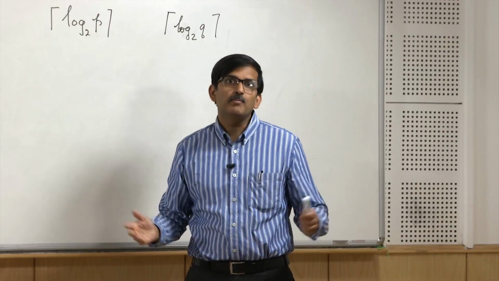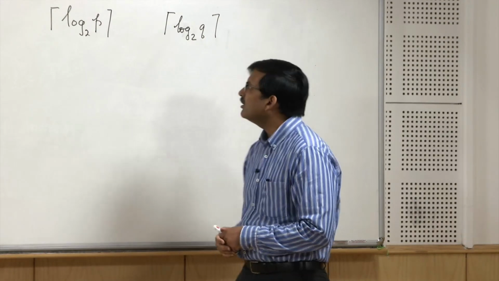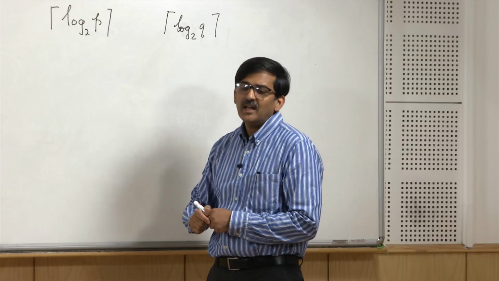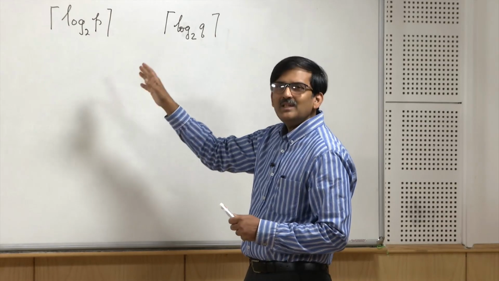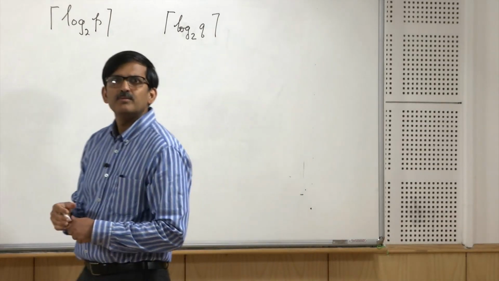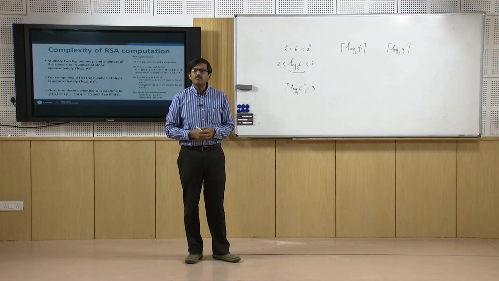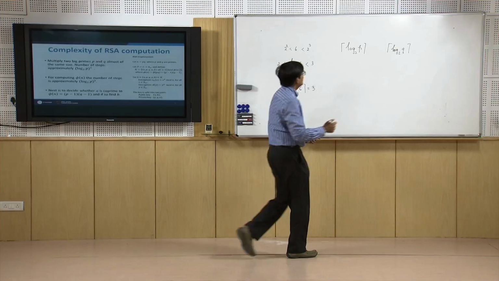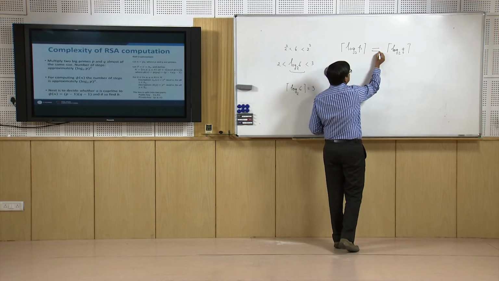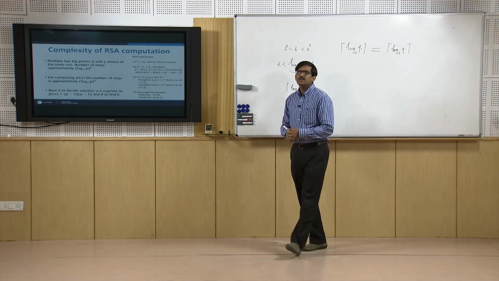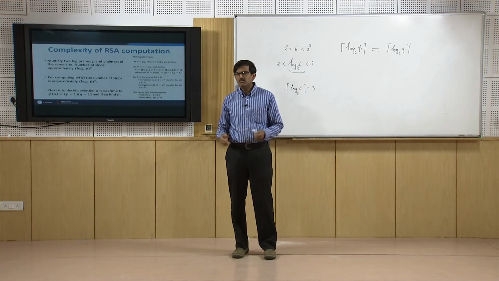They are probably 600 bits long, and we are also assuming here that P and Q are of the same order, that is to say they are of the same size, and therefore these two are the same. So, I will be referring to this size by log P.